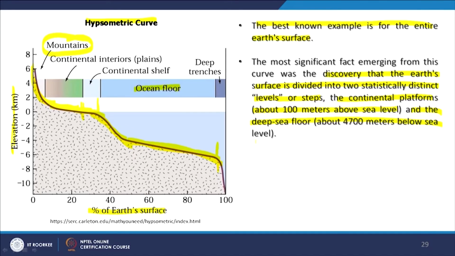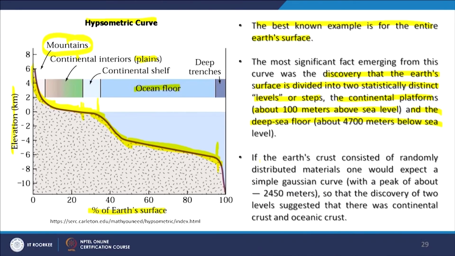So, we know that mountains and continental plains are one, and the rest are different. If the earth's crust consisted of randomly distributed materials, one would expect a simple Gaussian curve with a peak of about 2450 meters, so the discovery of two levels suggested that there was continental crust and oceanic crust.